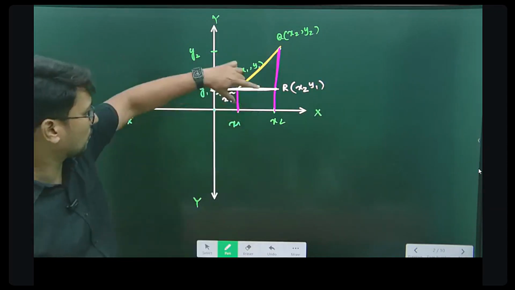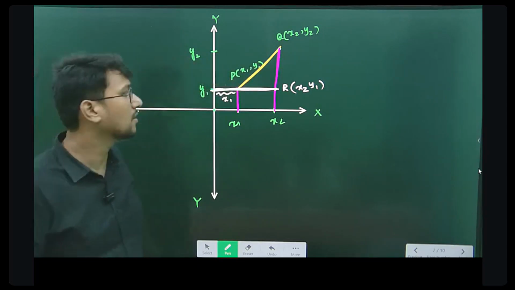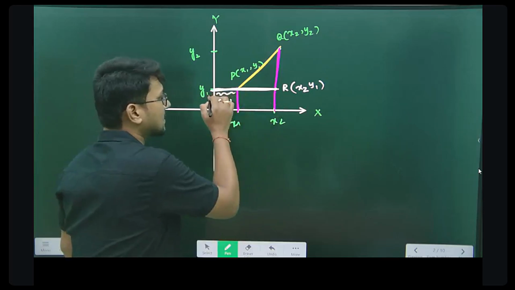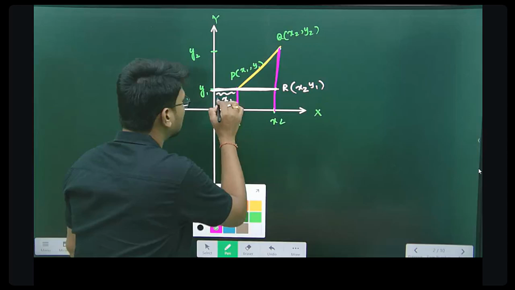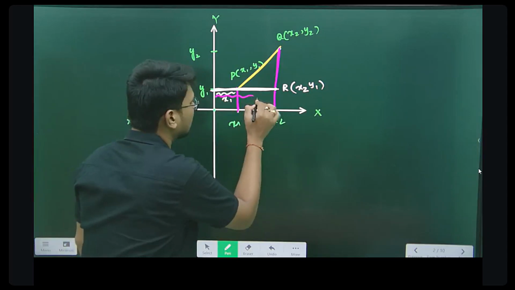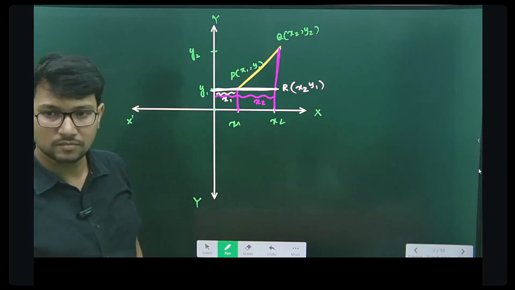So what is the distance of R from the y-axis? x2. Is that clear? Means this length is how much?